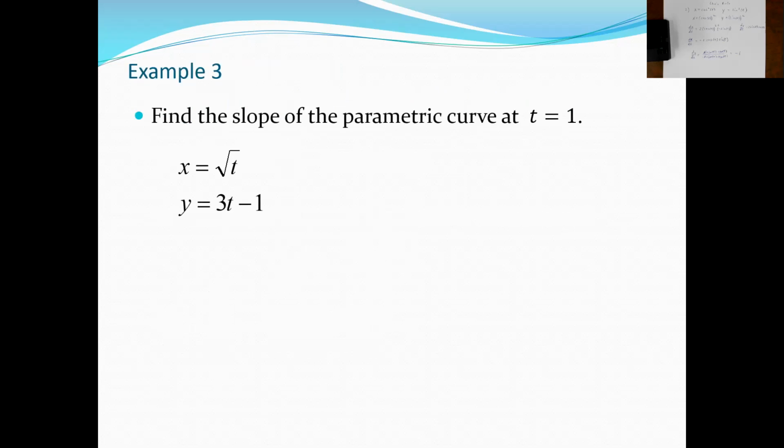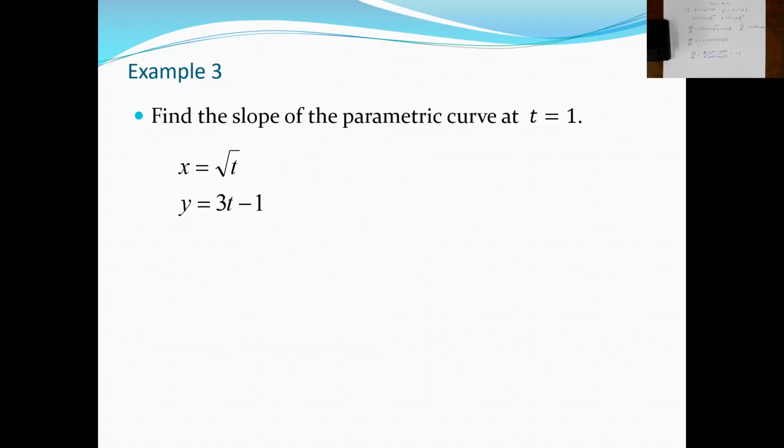I am not going to cover the second derivative, the parametric derivative, second parametric derivative. So I'm just going to stick with slope and arc length, as you'll see in a minute.